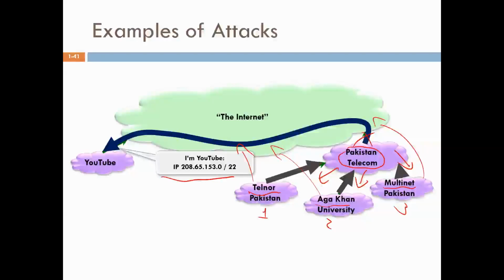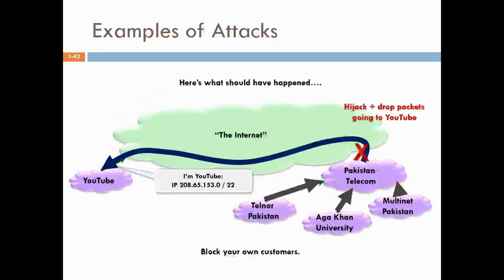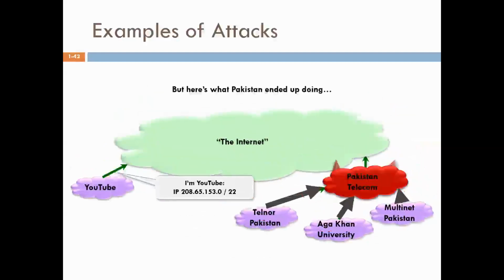Now the problem is that a manual configuration error caused the Pakistani telecom to announce the YouTube network to everyone. So the YouTube network also makes the announcement, and now the three autonomous systems have two possible ways to YouTube, one through the external network and one through the Pakistani telecom.